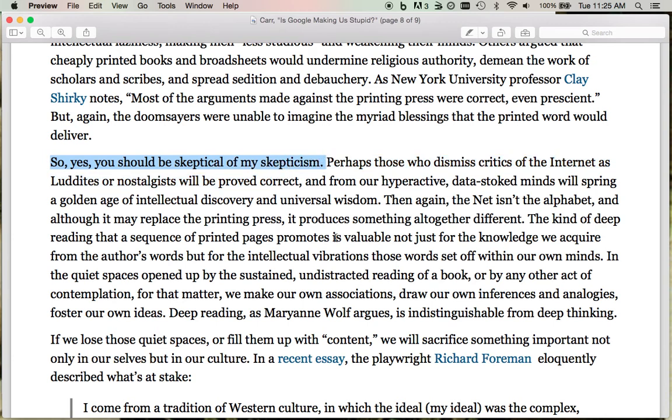Perhaps those who dismiss critics of the internet as Luddites or nostalgists are right. And in the end, this is all going to be a good thing for us, right? Notice again, though, he signals his response to that counter-argument. Then again, right, we have another good transition word, like still or however.